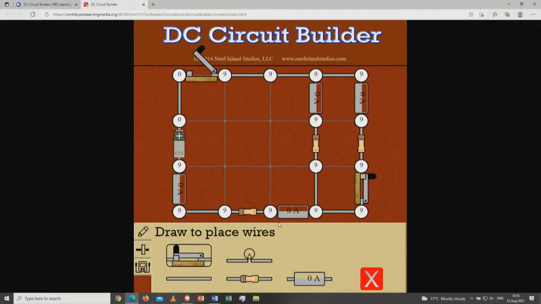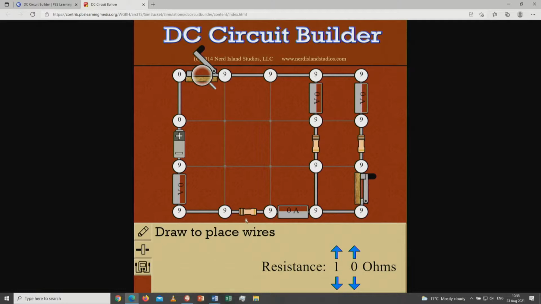So what I just wanted to verify is the resistance of these resistors. R1 is 10 ohms, R2 is 10 ohms, R3 is 10 ohms.